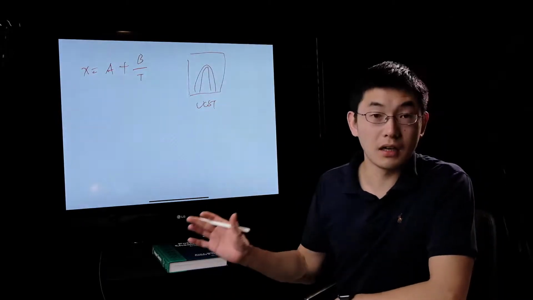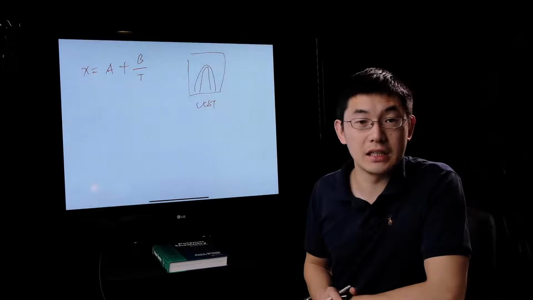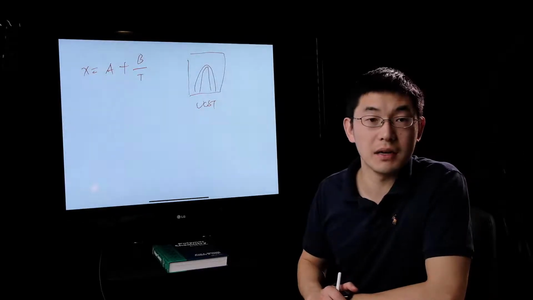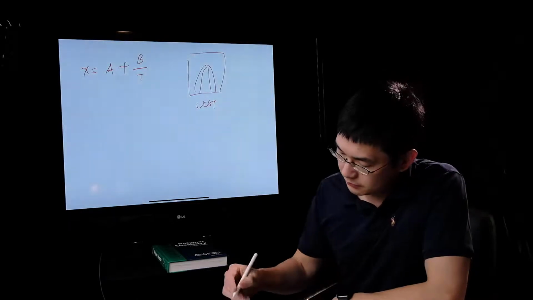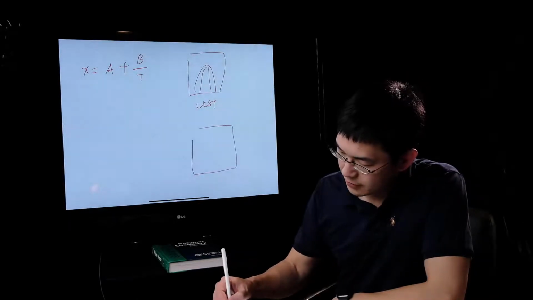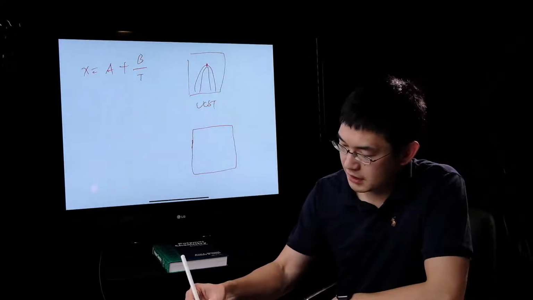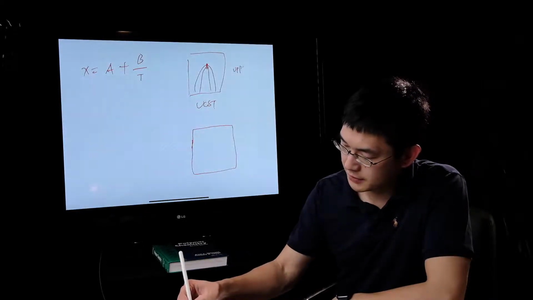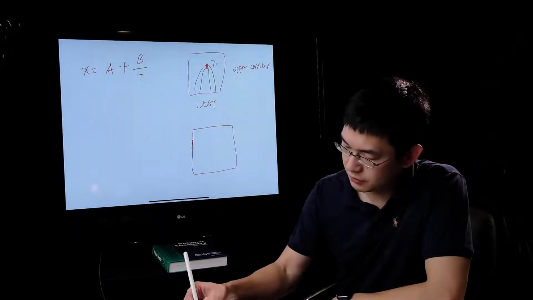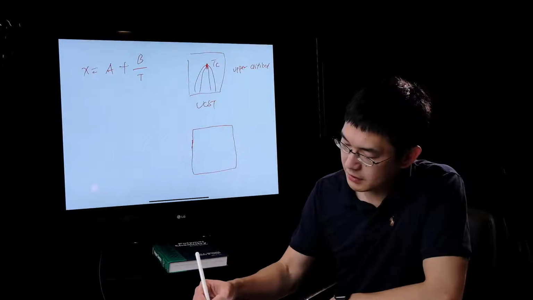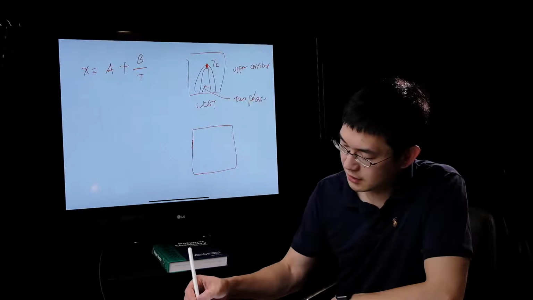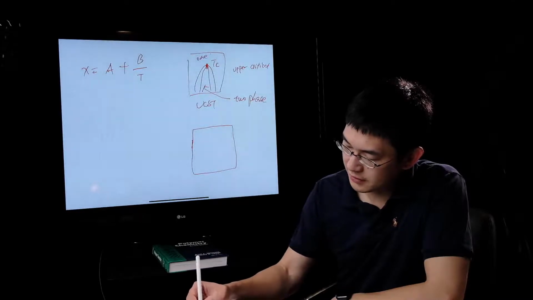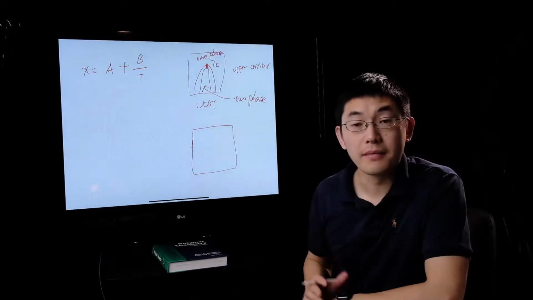Okay, so coming back to the topic about UCST and LCST and how it depends on the A and B constant values. UCST means upper critical point. So this is the critical temperature, T critical. This means it will be two phase at the bottom of the phase diagram, and one phase at the top.